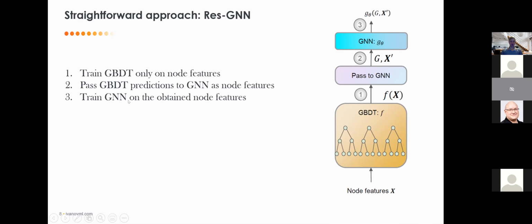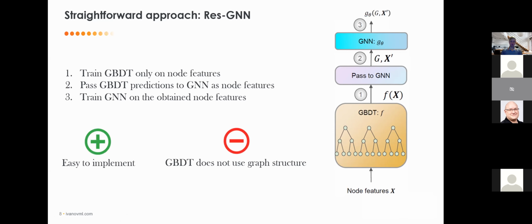And then you would train GNN on the obtained node features X prime and the original graph G. And you would train separately another GNN, which would make a prediction for every node. And it's very easy to implement because this is a decoupled approach. You first train GBDT and then you train GNN.